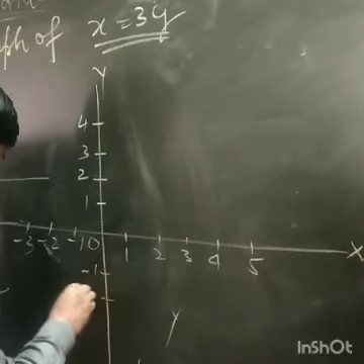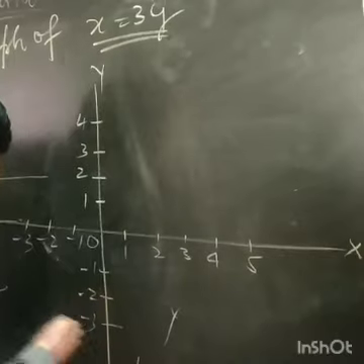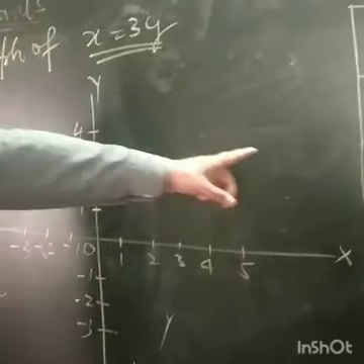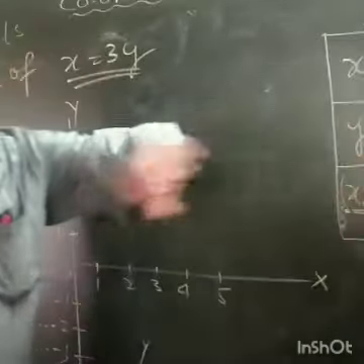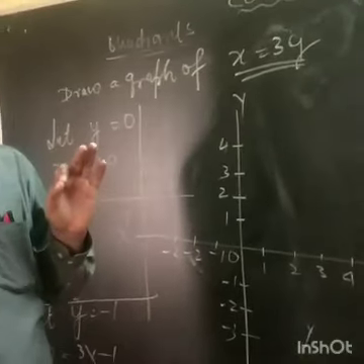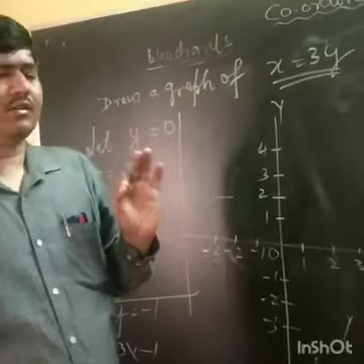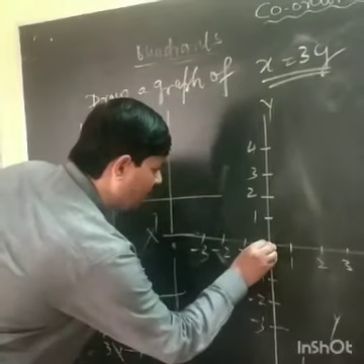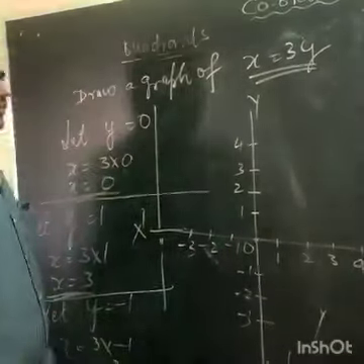Here also -1, -2, -3. First is 0, 0. As earlier we have discussed, it is the coordinate of the origin. So this is 0, 0 at the origin.